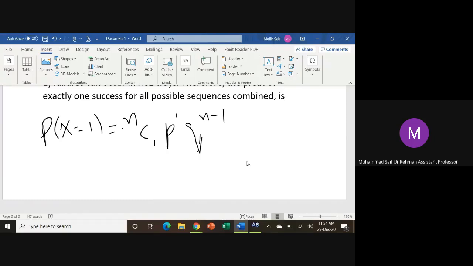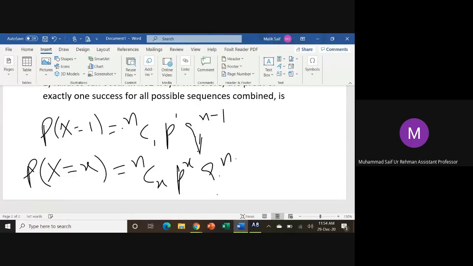And if I say that I am interested in having the formula for x successes, small x, then this formula will take the shape capital X is equal to small x. And now you simply will change 1 with x and p with x and q with n minus x. So this is the formula basically.